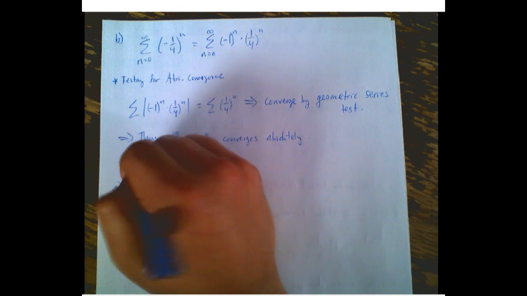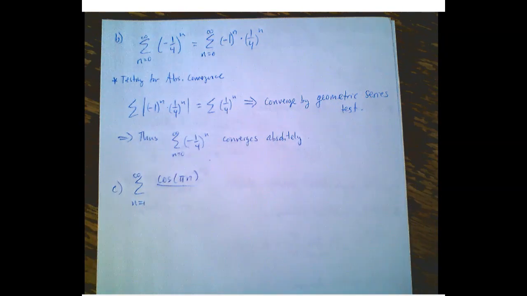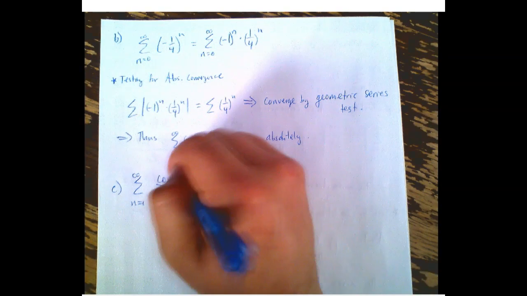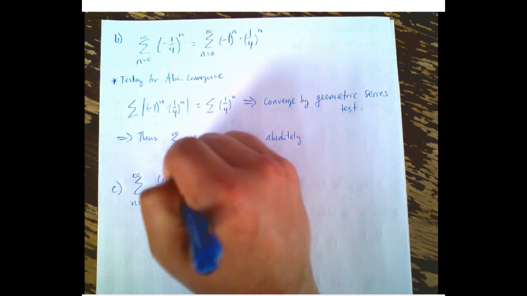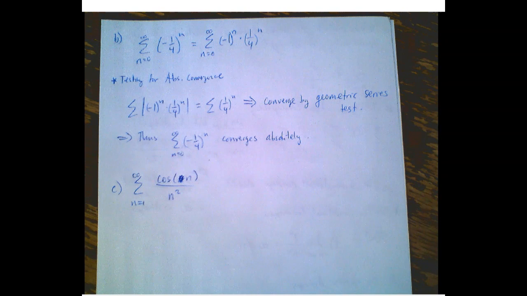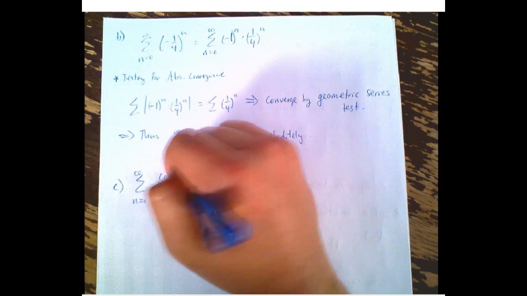Last one. Let's go sigma n goes from 1 to infinity of cosine of pi n over n squared. Oh, excuse me, just cosine of n over n squared. Okay. So if you take a look at this one, actually, yes, let's put the pi back in there.